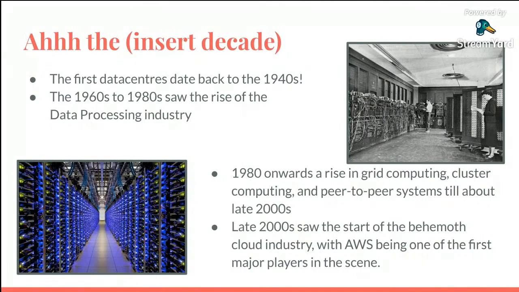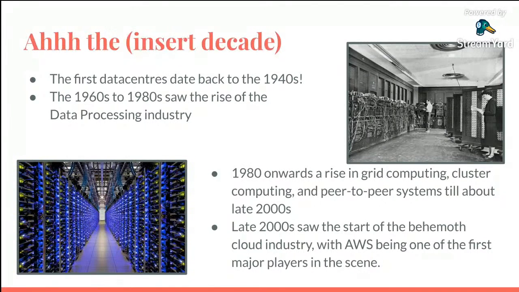So 1960s to 80 was when this started picking up, and people started realizing there was actual money to be made in processing data. 1980 onwards saw the rise in grid computing, cluster computing, and peer-to-peer systems till about the late 2000s. And all these complicated words basically mean the same thing, that it goes to the core of data centers, which is a lot of compute and storage located in one place.